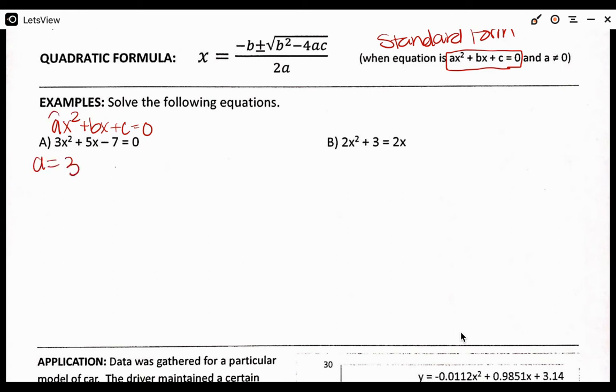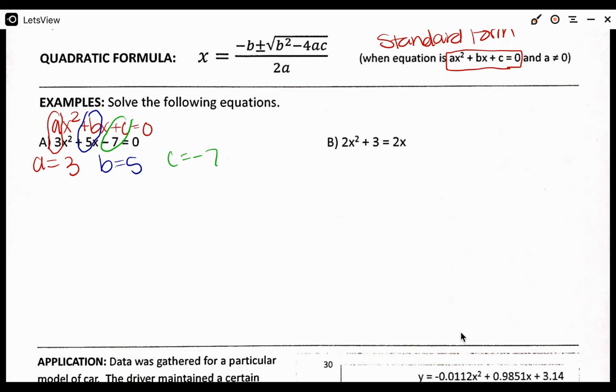See how these are in the same spot? b is 5. And c is -7. We need to pay attention to negatives, okay? So make sure you include the negatives.